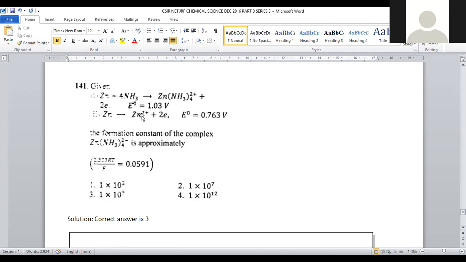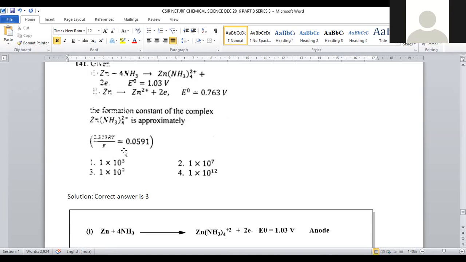And either zinc turned into Zn2+ by releasing 2 electrons, whose standard electrode potential is 0.763 volts. The formation constant of the complex zinc tetraammine dipositive is approximately, here formation constant to be predicted, 2.303 RT by F is given by 0.0591.